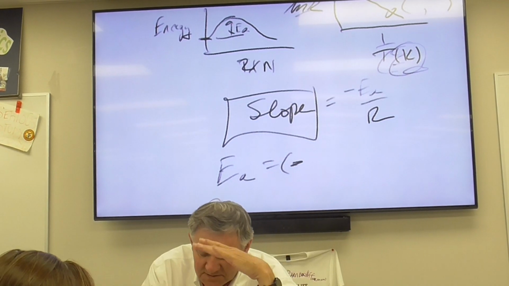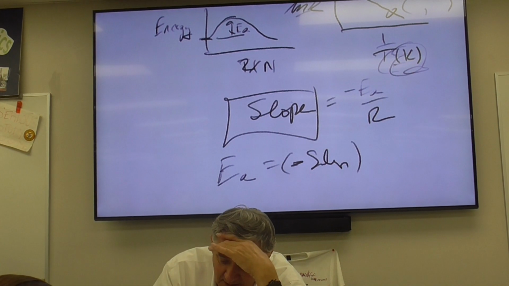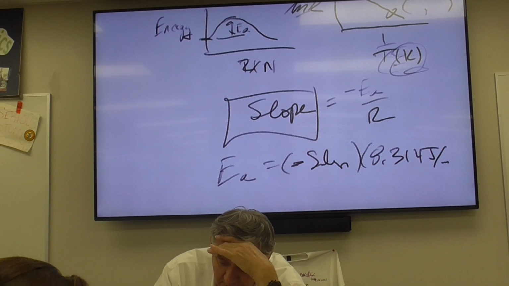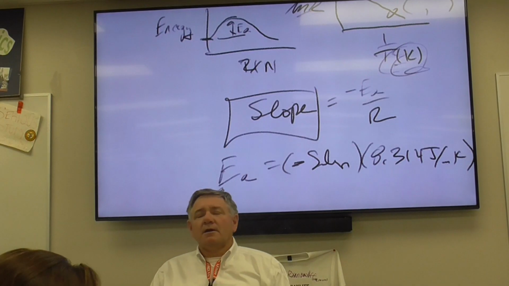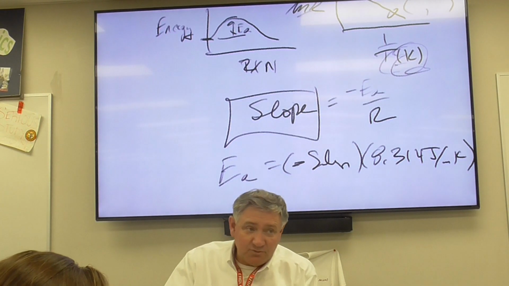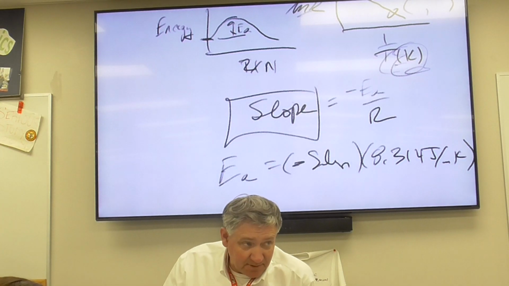Okay. So you're going to have some negative slope multiplied by the gas constant, 8.314 joules per mole Kelvin, okay? And you're going to see more and more that you really have to pay attention to the units in this chapter, okay?